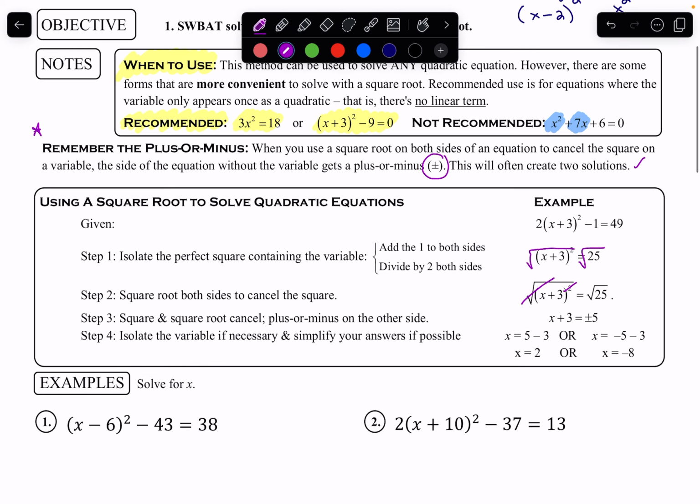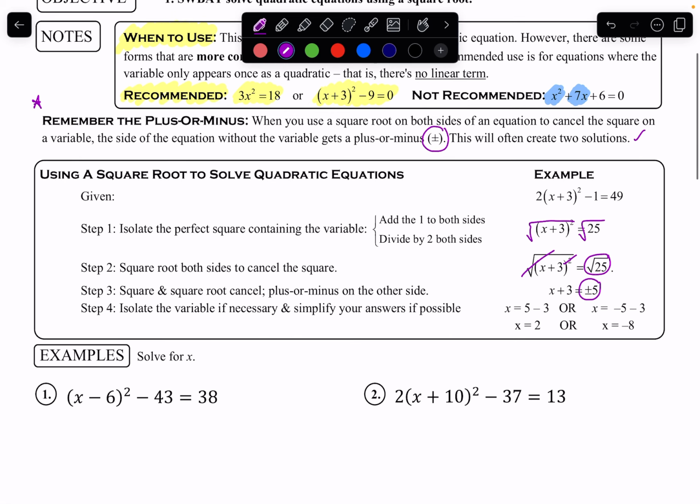And when you square root 25, remember you get two answers. You get a positive and a negative 5. So what it looks like, and it's kind of hard to see on this example, is you have x plus 3 on one side of the equal sign. And on the other side, you have two different numbers. You have a 5, and you also have a negative 5. And I will usually put a line right here to kind of separate the two of those.